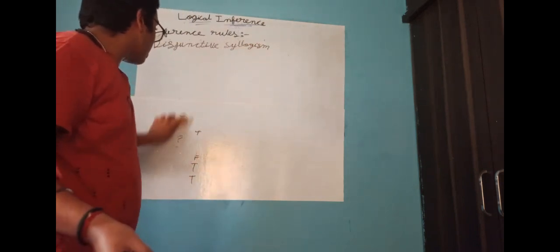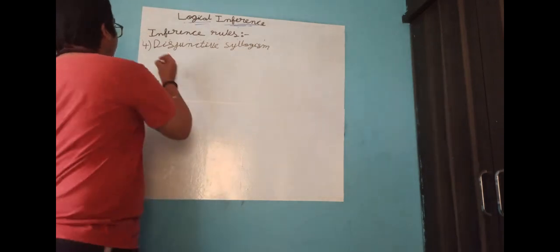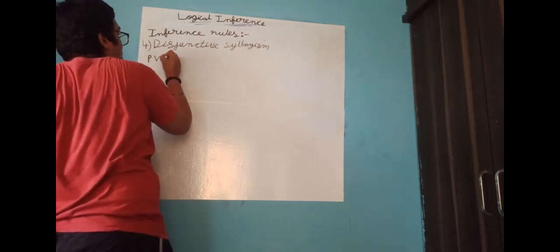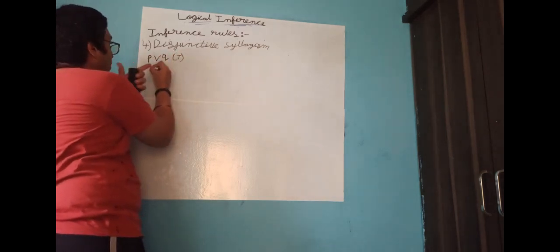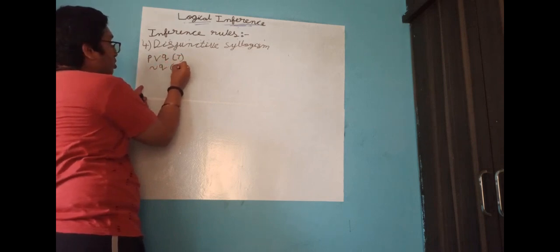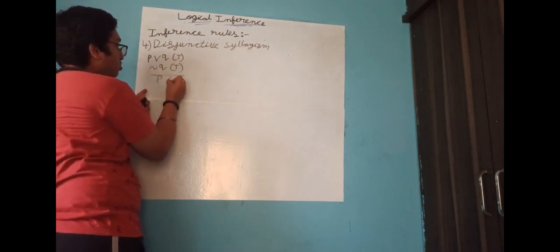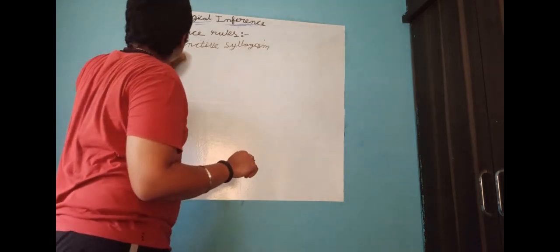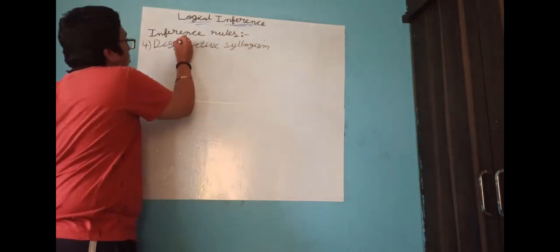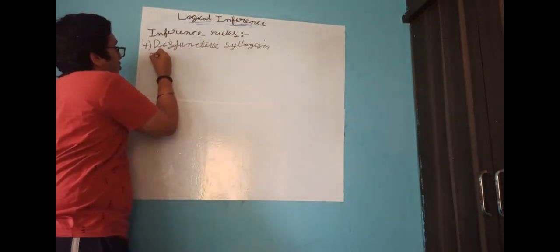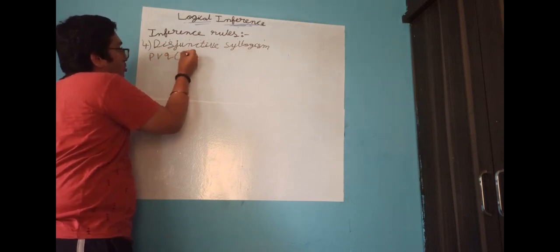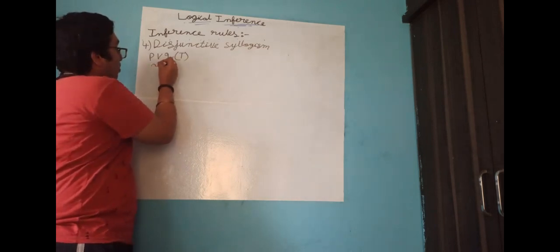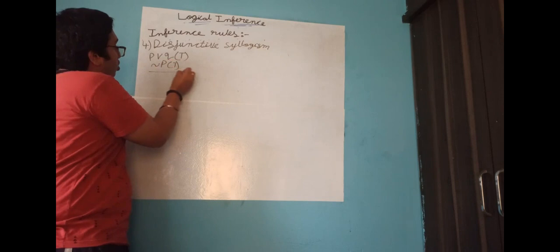Yeah, what actually disjunctive syllogism is: if P or Q is true, listen, P or Q is true, negation Q is true, then P must be true. Sorry, I have written wrong. Disjunctive syllogism: P or Q true, negation P is true, then Q has to be true.